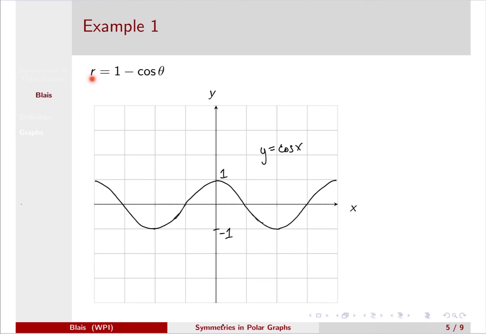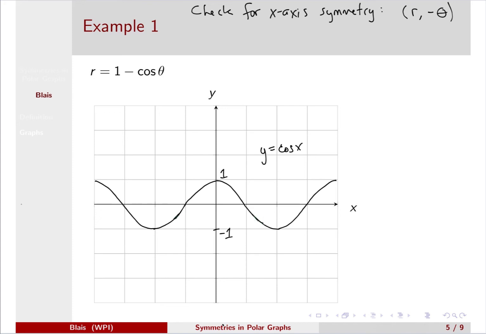For example, consider the equation r equals 1 minus cosine of theta. And we want to check for x-axis symmetry. To check that, we want to check if the point (r, minus theta) satisfies the equation.